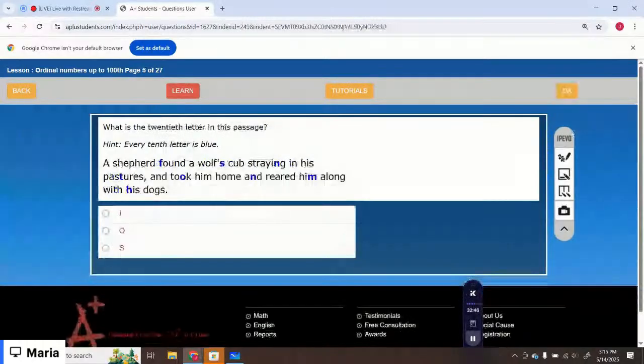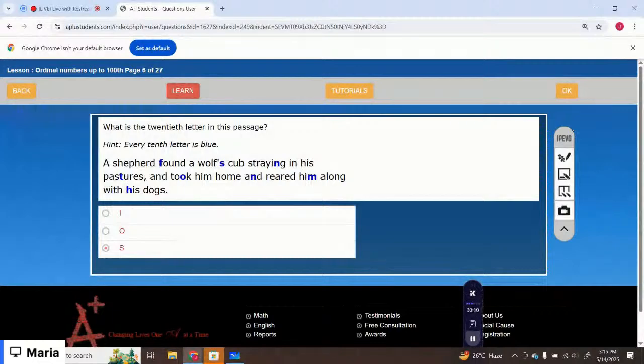What is the 20th letter in the passage? The blue one is the 10th, so then that would be the 10th, and that would be the 20th. So S is the 20th letter in the passage.